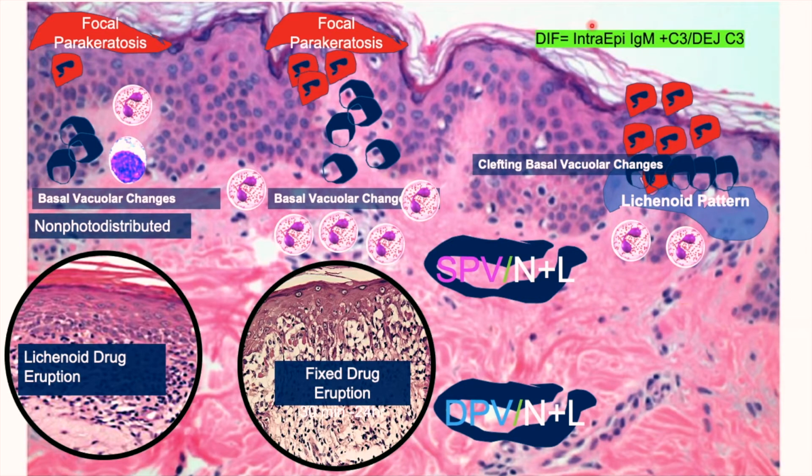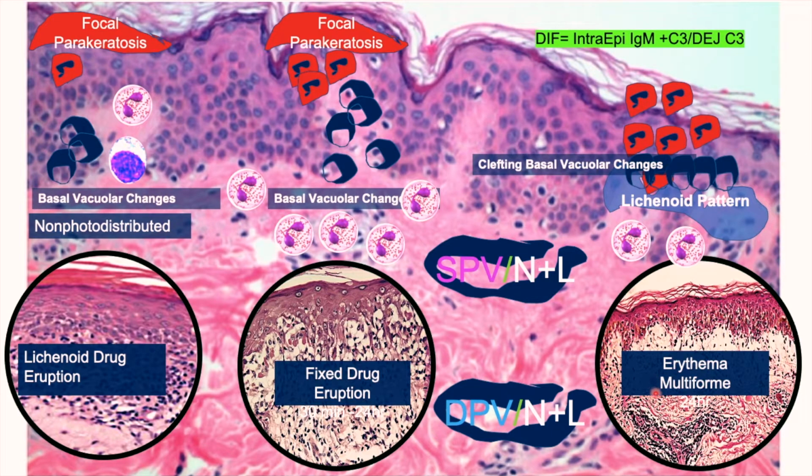If you did DIF on those lesions to try to differentiate between lichenoid type lesions or vesiculobullous type lesions, you will see the intraepidermal IgM is concentrated with CD3, or sometimes you see the C3 at the dermal-epidermal junction.